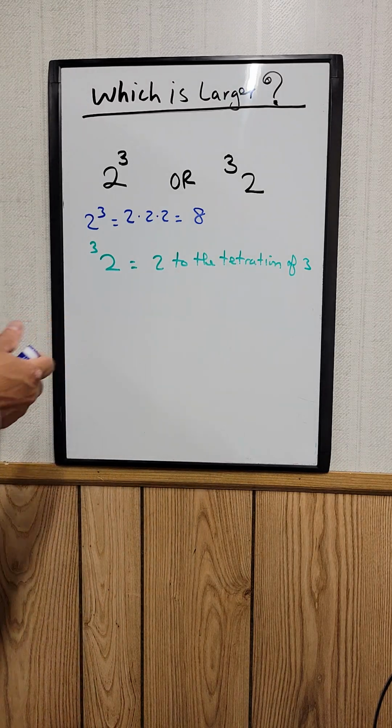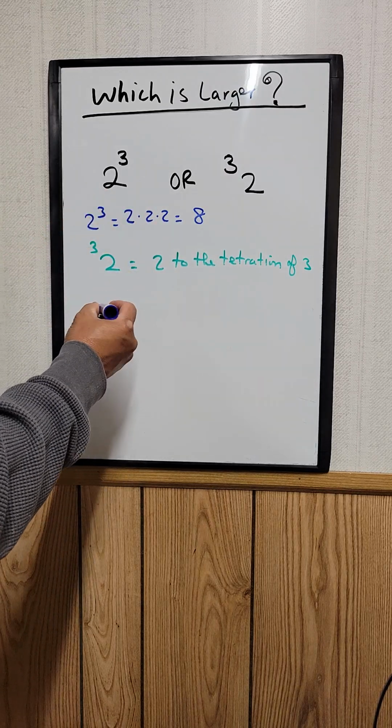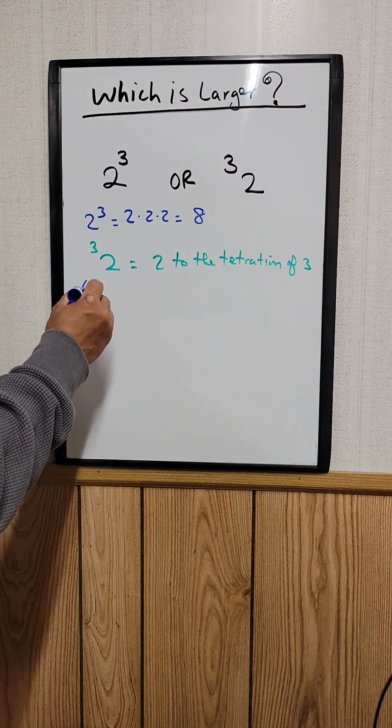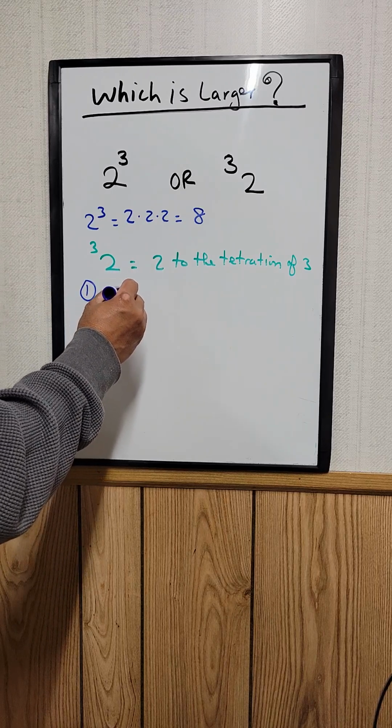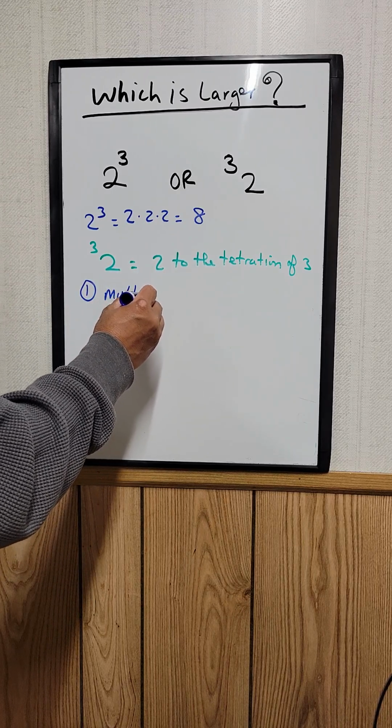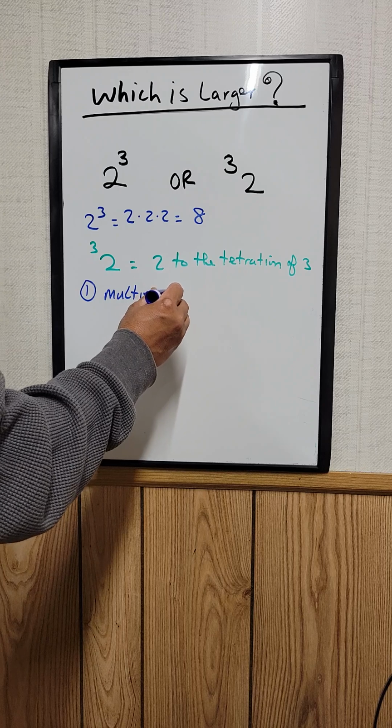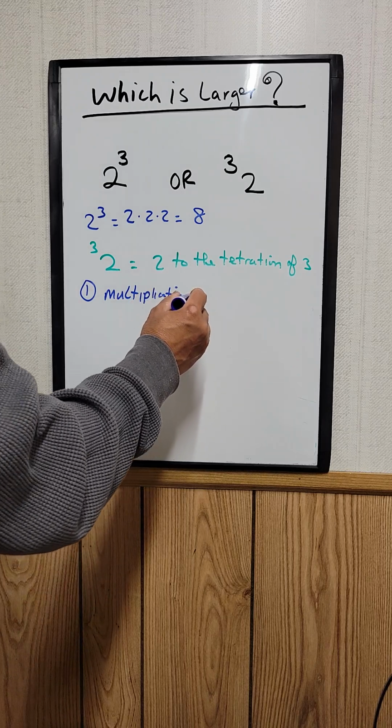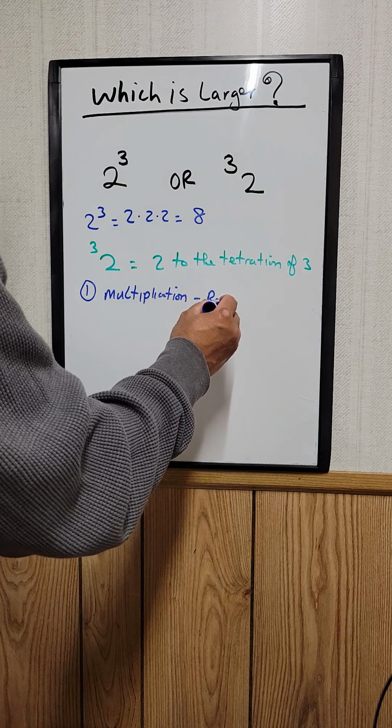Let me explain that. Let's try to understand multiplication first. What is multiplication? Multiplication is just a repeated addition.